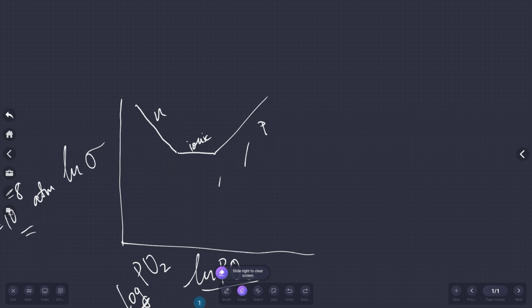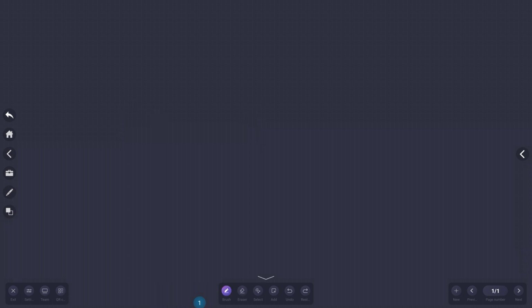transference number. I don't know whether you have heard about transference number before, but transference number is typically designated with t sub i. And it's defined as electrical conductivity coming from species i divided by the total conductivity. So take a material like any oxide, MgO, or any other material.